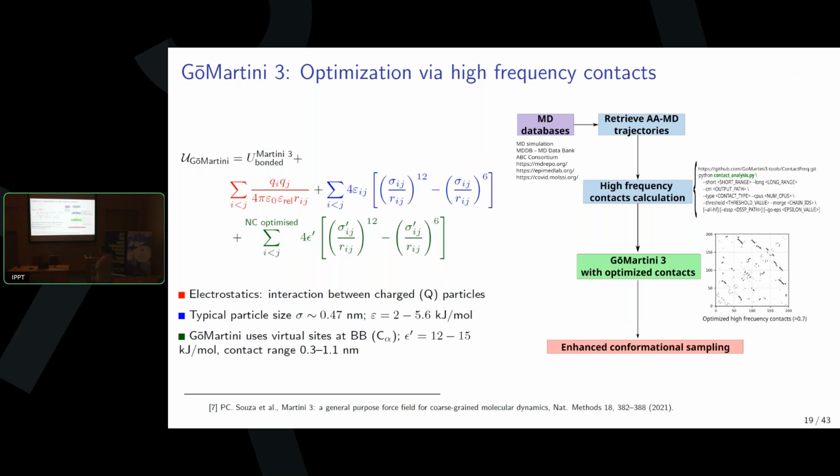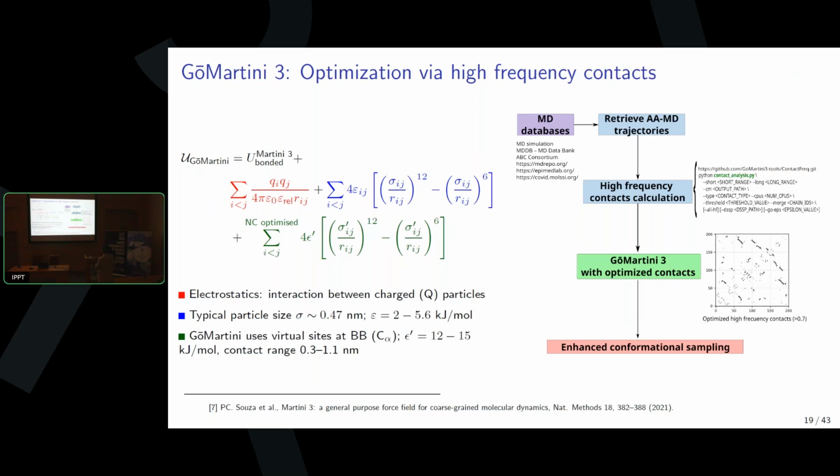The high-frequency contacts are basically the most relevant interactions in the trajectory that remain at the length where they have a high probability to stay. We choose about 70% of the trajectory, so those contacts exist during a molecular dynamics trajectory 70% of the time.